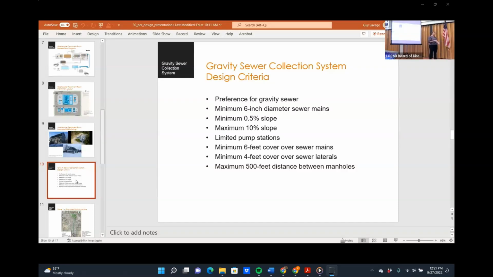Honestly, sewers have been designed way before I ever started designing them, so it flows downhill, gravity. The understanding was a preference for gravity sewer. The minute you introduce pumps, there are more things to go wrong, more things to maintain. If you can gravity flow, it is ideal. It doesn't mean that you can't add a lift station or a pump station somewhere if you need to. So the very first round we did was, can we do this whole thing by gravity?